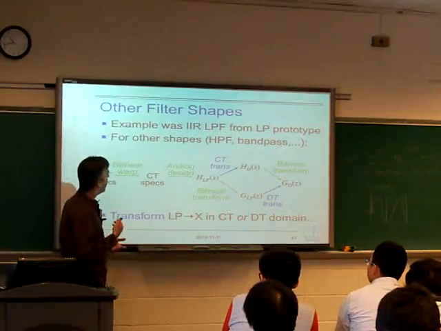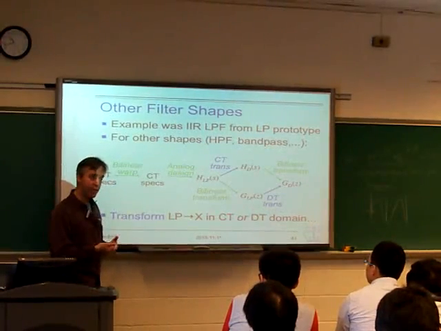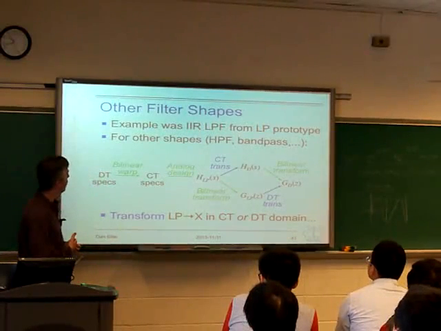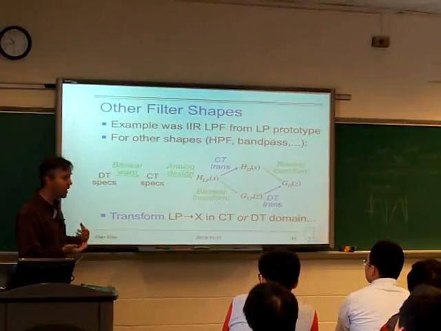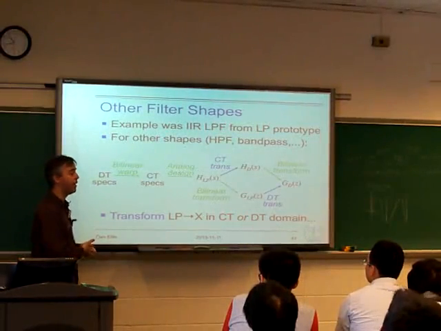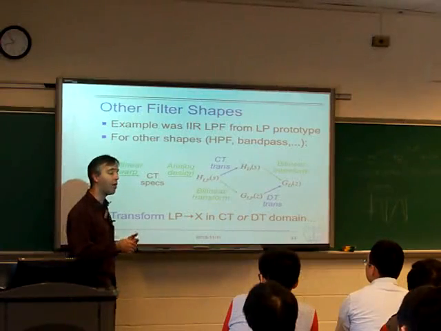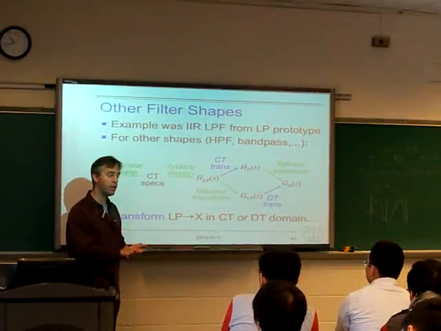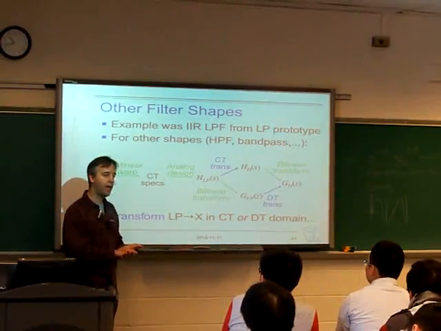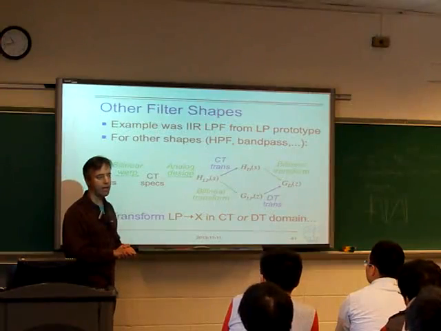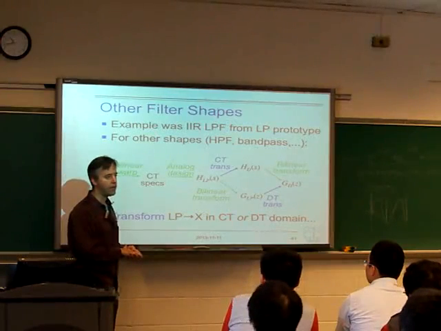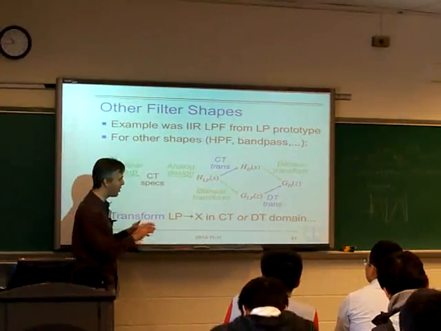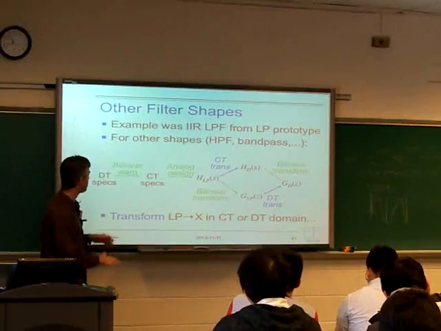If we want to get a different kind of filter, so not a low pass, but say a high pass or something, we can basically do the same thing of mapping our requirements, our passband and stopband edge or edges, into continuous time, and then doing the transformation to get the discrete time filter, making sure the frequencies land up in the right place.